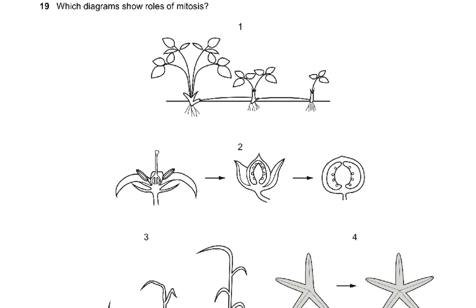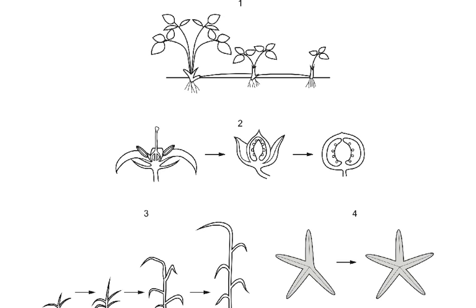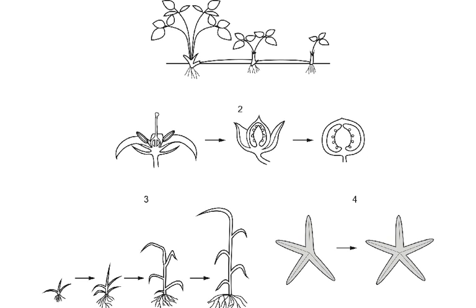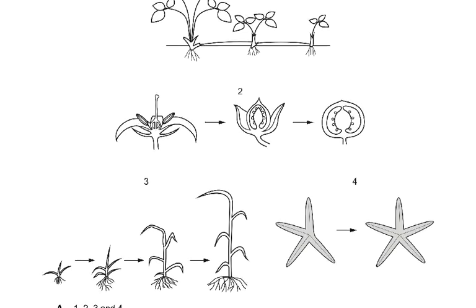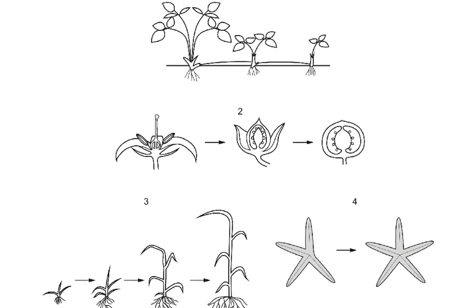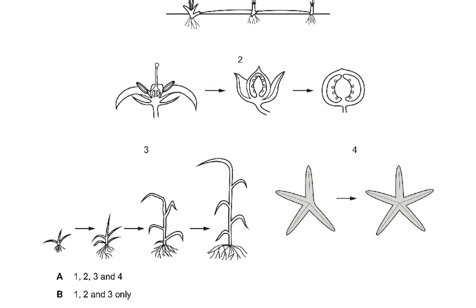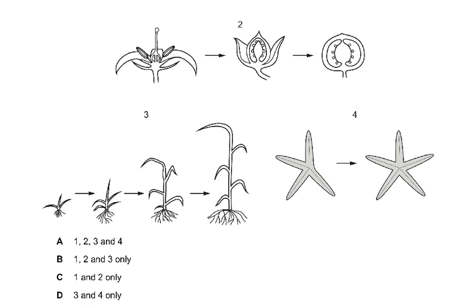Which diagrams show roles of mitosis? Roles of mitosis were what? Growth, repair, replacement, asexual reproduction. So the first one you can see this one, then the second, 3 and 4. I hope you've done this paper before, and then you go to 1, 2, 3 and 4. Now the answer is A. Why is the answer A?